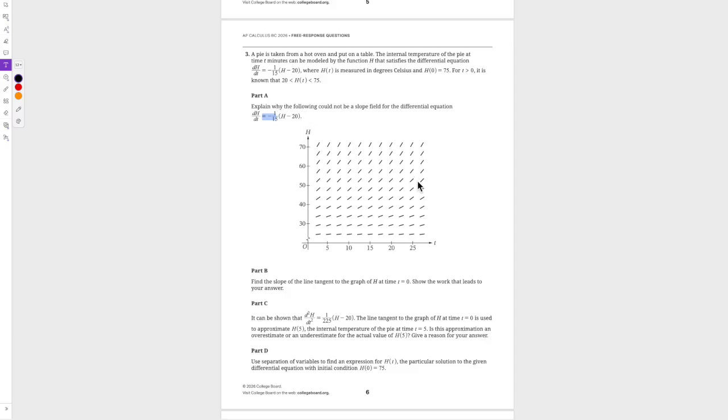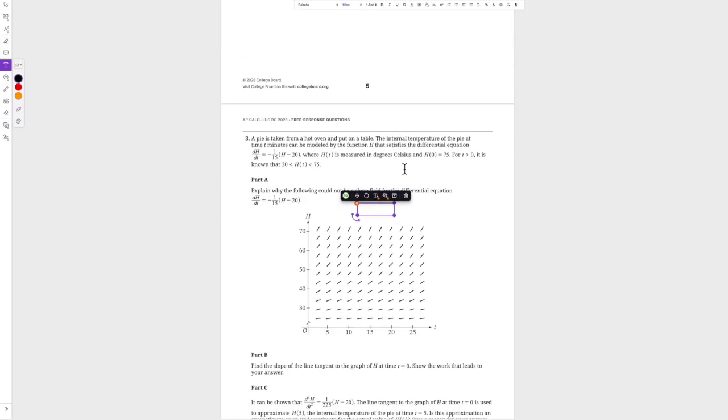But if we look at this slope field here, can you notice something? It's positive. It's the complete opposite sign of what we would expect. So this could not be a slope field because the slope field for this differential equation should always be negative, because at every single point you have a negative slope, but here you always have a positive slope. So that's your explanation.